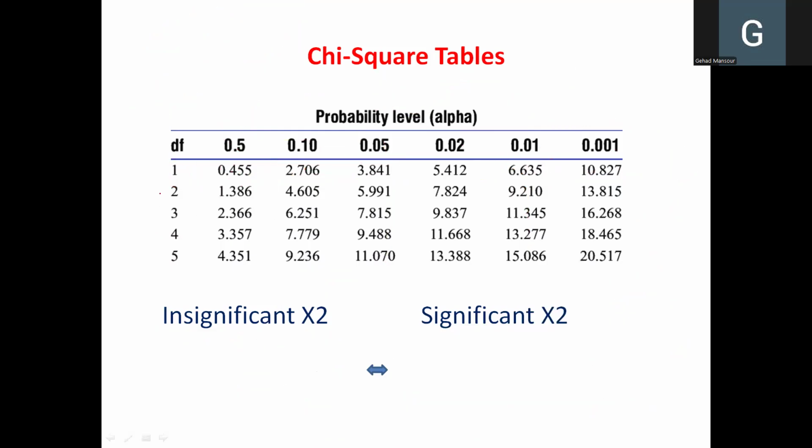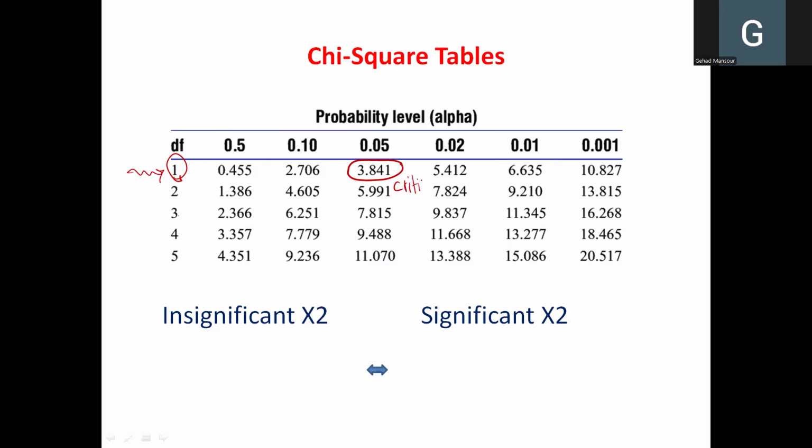We said that in this experiment, we would be working on degree of freedom 1 because we had only 2 phenotypes. But if we had 4 phenotypes, we would say 4 minus 1 equals 3. We would be working here. But in a particular row, like this row, this is the critical value.